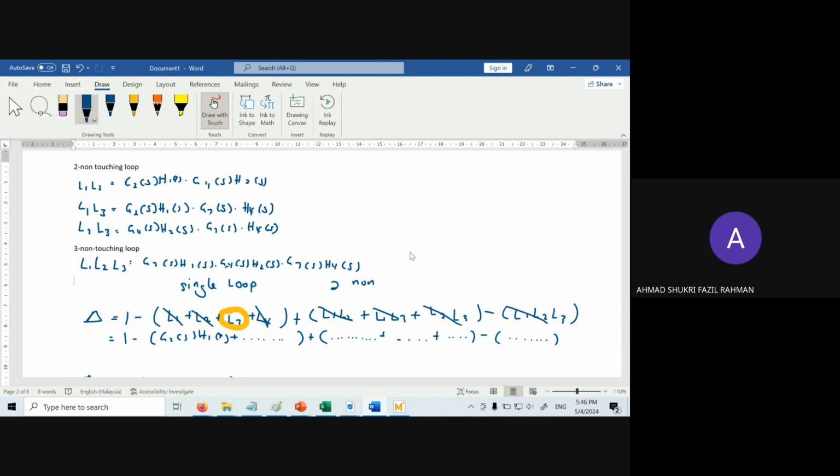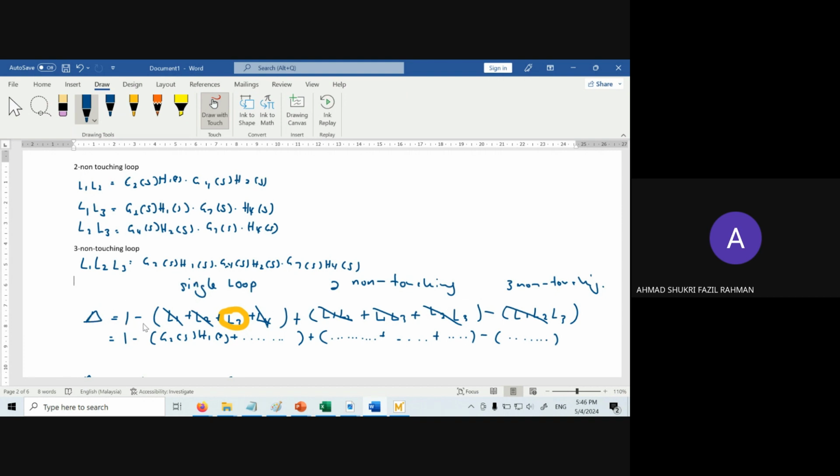This is actually two non-touching loop. And then this is actually three non-touching loop. Okay. So for our example, up to 3 non-touching loop. Untuk contoh kita sampai 3. Jadi kena susun untuk cari data ni.